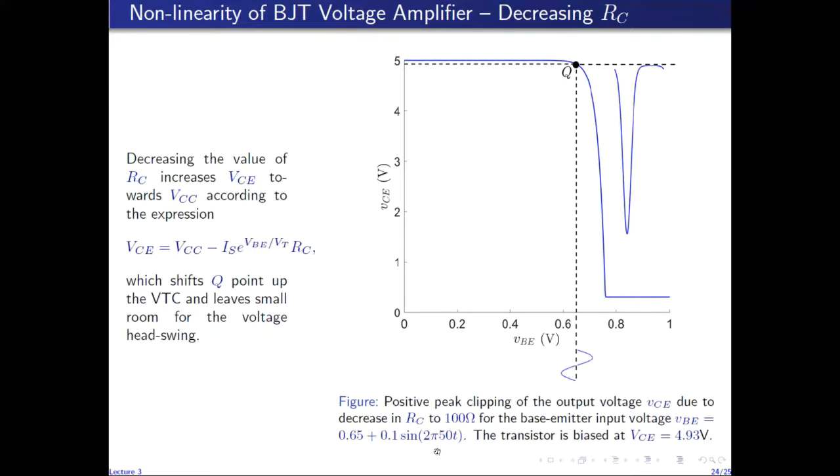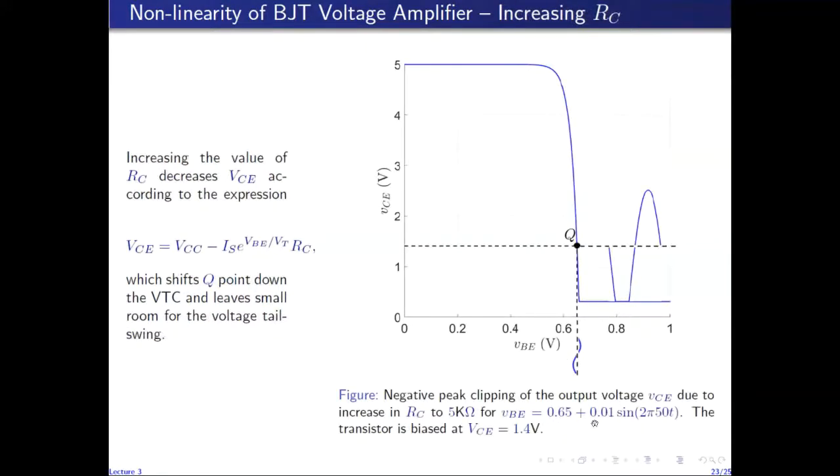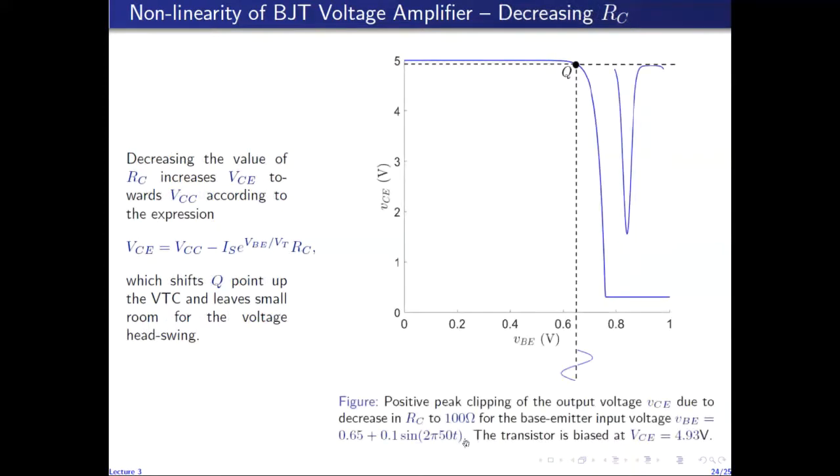So please note that previously we used an input voltage which had a peak value of the AC component of 10 millivolts. Now we have increased the input AC voltage so that it has a peak value of exactly 100 millivolts.